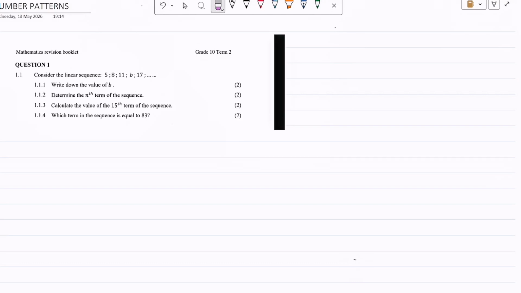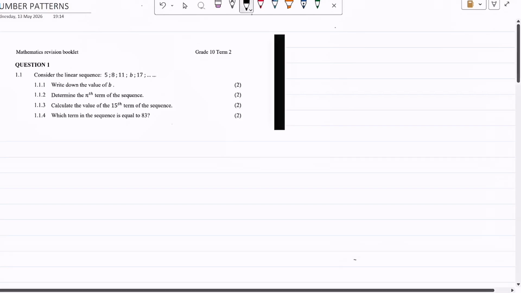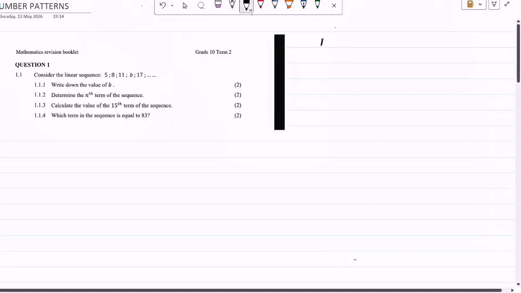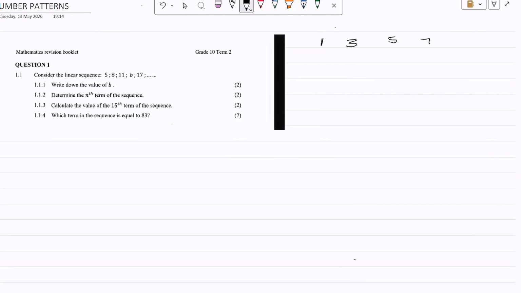Before we get to the creation, I just want to show you guys a few things, or we should just call it revision, so that we can remind each other some stuff. When we have a pattern like this, 1, 3, 5, 7, notice what is happening. For us to have 3, we added 2 to the previous term, which is T1.